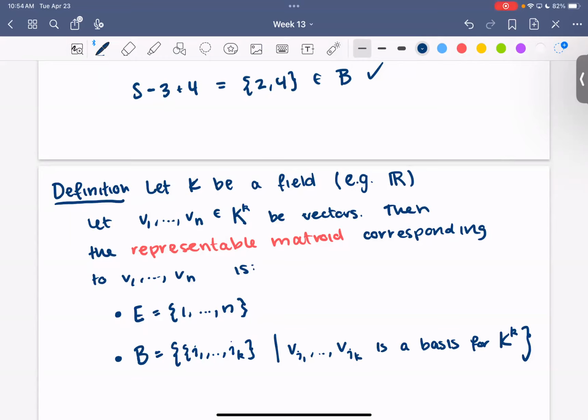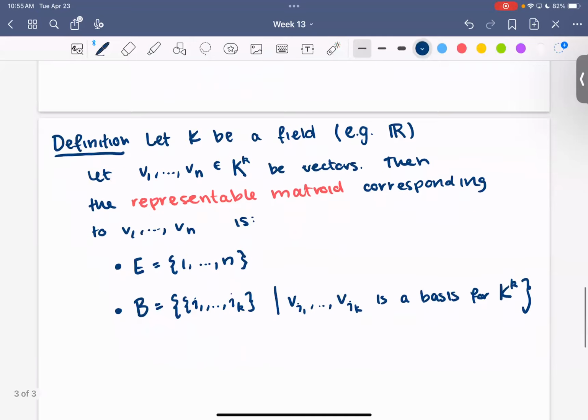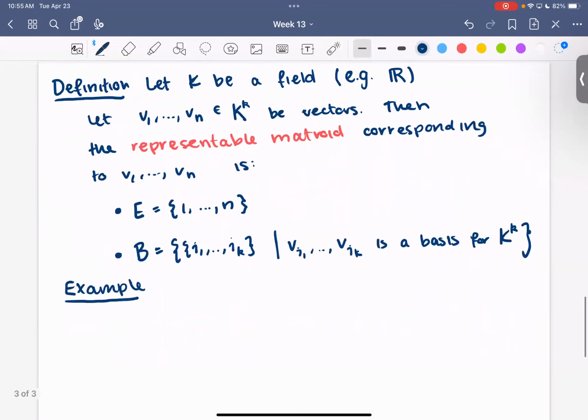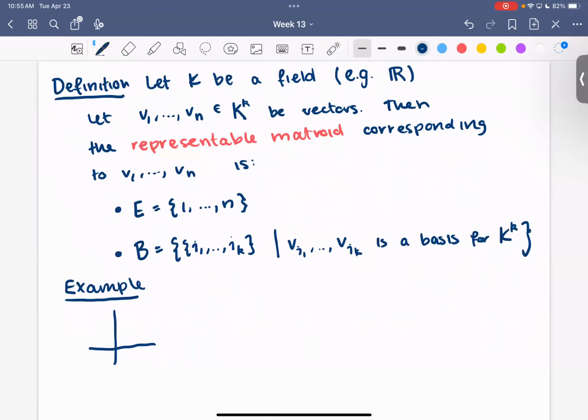So in this case, the bases of the matroid just tell you who among the vectors forms a basis together. So going back to our example, we had these vectors.